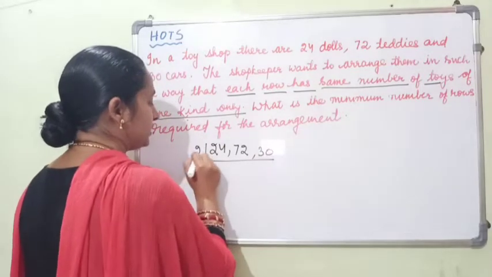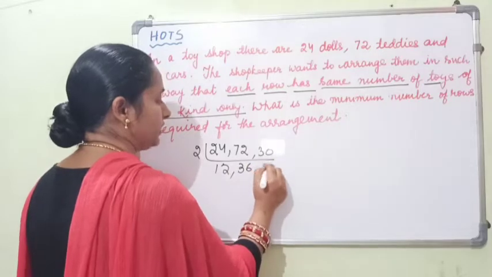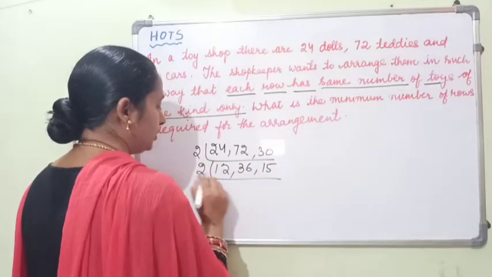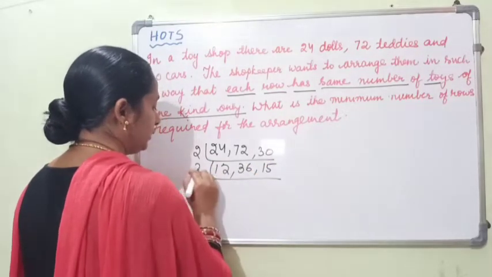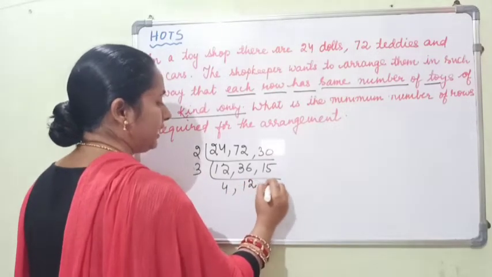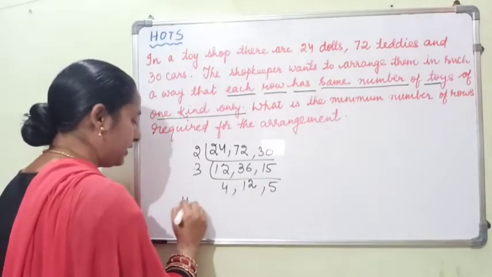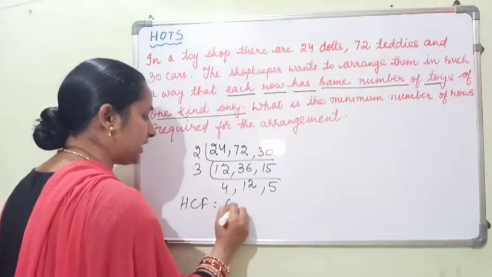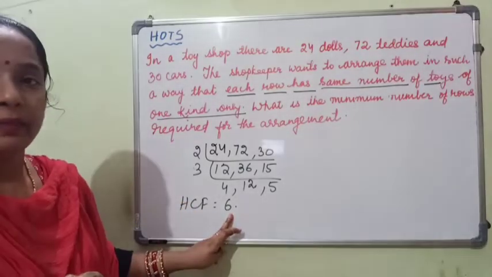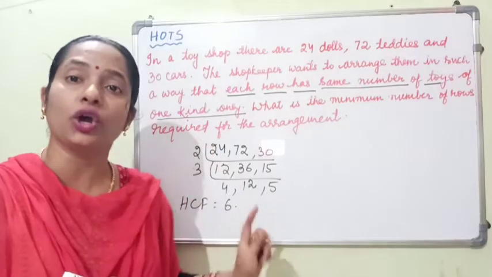Their HCF: divide by 2, we get 12, 36, 15. Then divide by 3, we have 4, 12, and 5, right? Further we cannot divide, as we are finding the HCF, so the HCF will be 6. This means the maximum number of toys that can be placed in each row is 6.